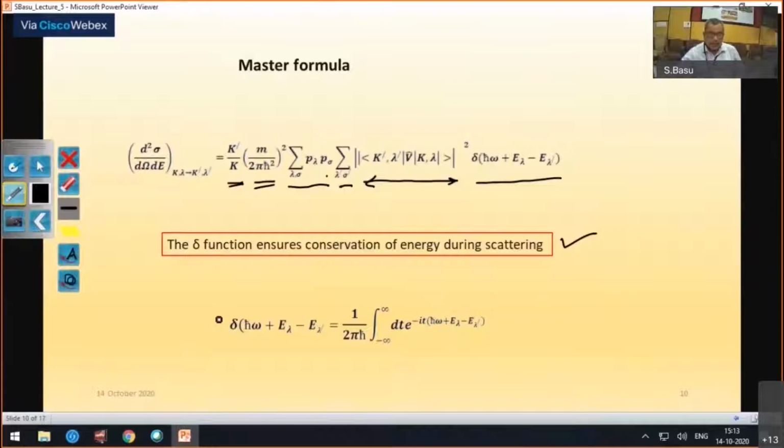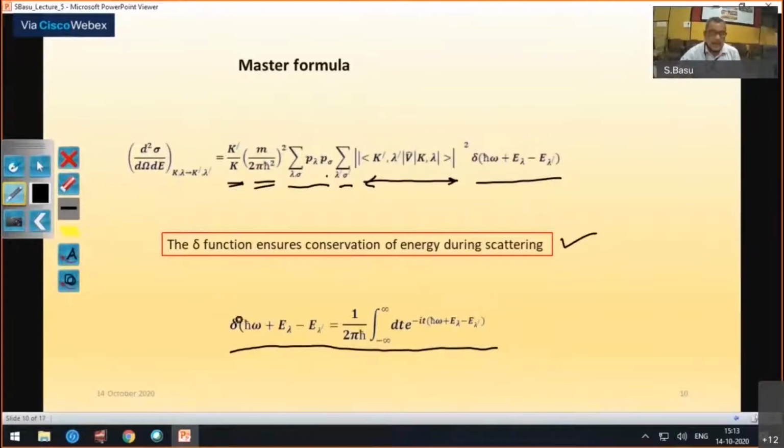And now I represent this delta function as an integral, which is a very common representation. Delta of h cross omega plus E lambda minus E lambda prime can be written as an integration over time of e to the power minus i t times (h cross omega plus E lambda minus E lambda prime).